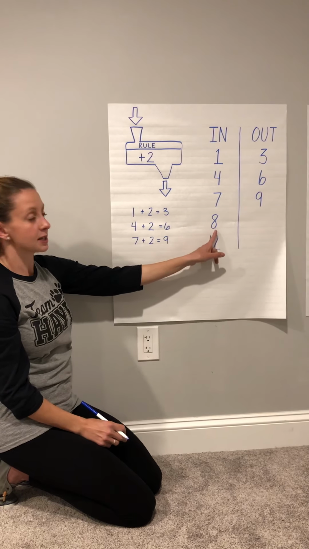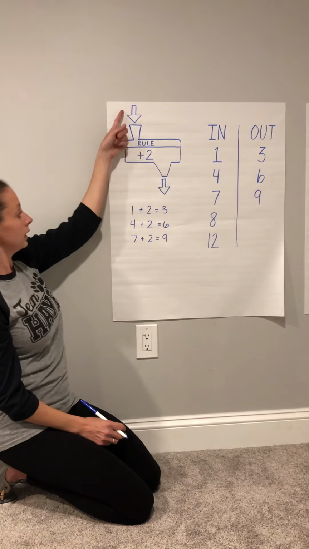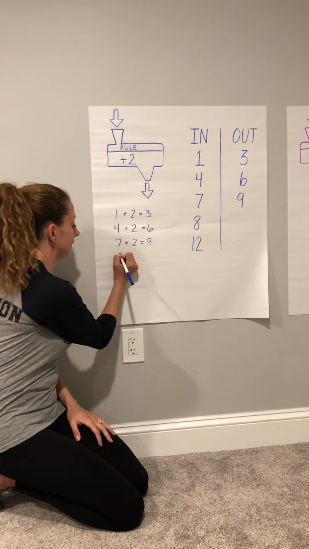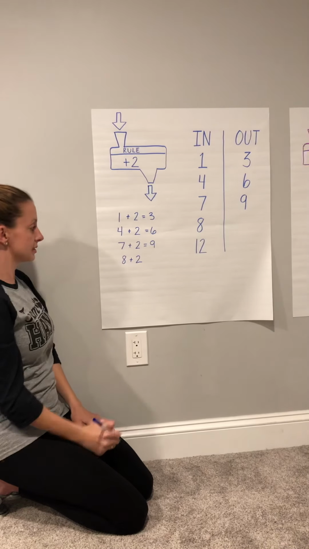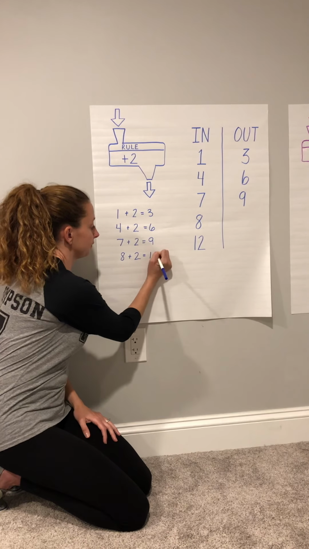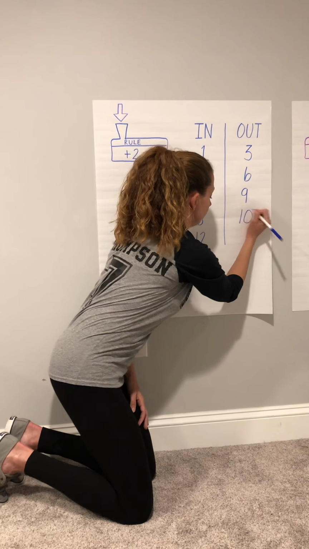Now in the next example, I have to figure out what the out number is. If I put 8 in, 8 plus 2 is 10. So I'm going to fill in my table. My out number is 10.